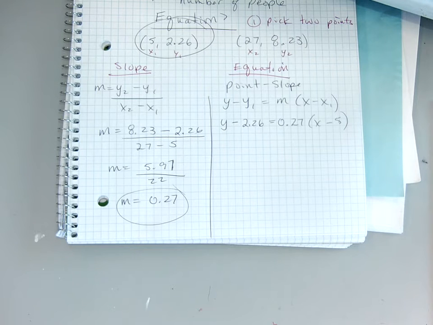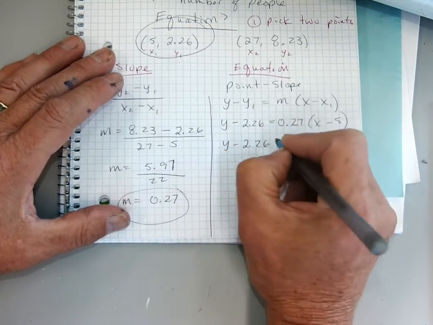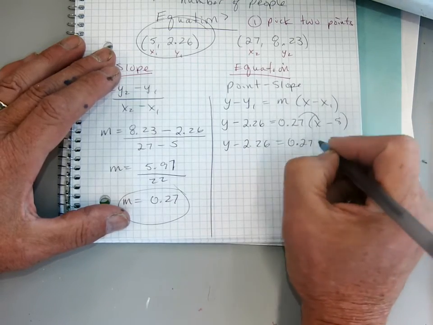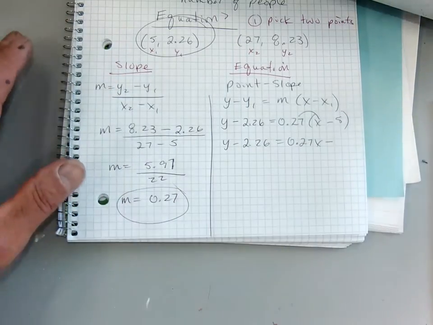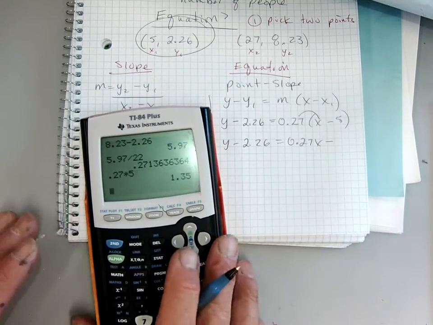Now I'm just going to simplify. Okay, how am I doing? Is this making sense? Same thing we've been doing for a while. So y minus 2.26 equals 0.27 times x minus 5. That's what calculators are for, right? So 0.27 times 5 is 1.35.